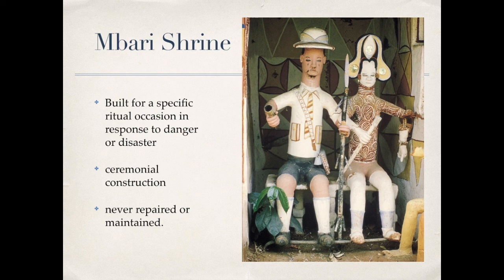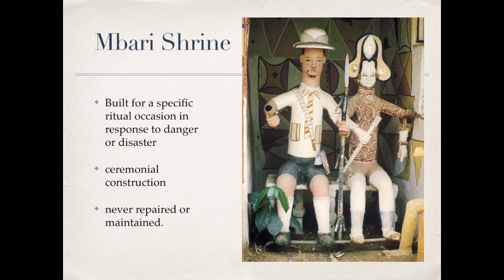Here in this picture, in the central shrine of the Mbari, you see it's usually these two seated figures, the male and female, the thunder god Amadioha and his wife, painted clay sculptures.